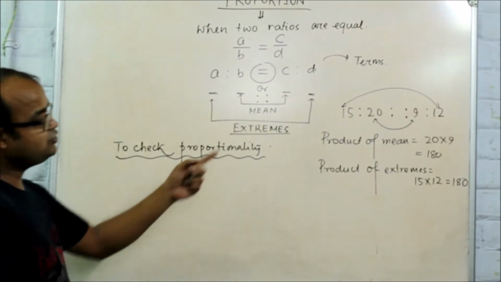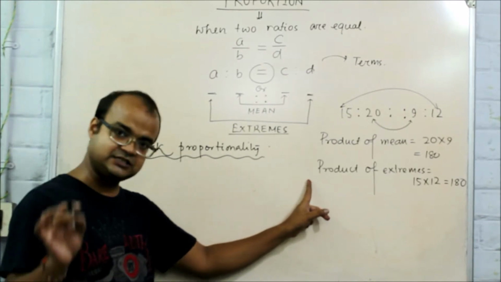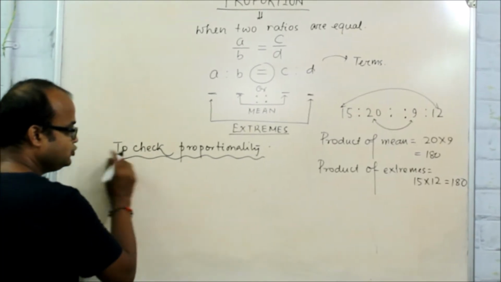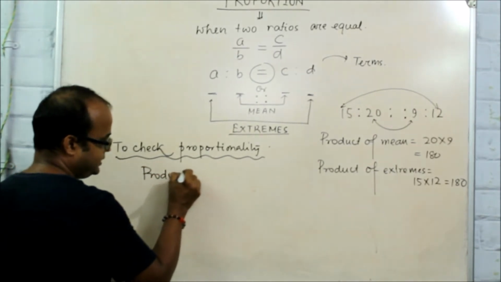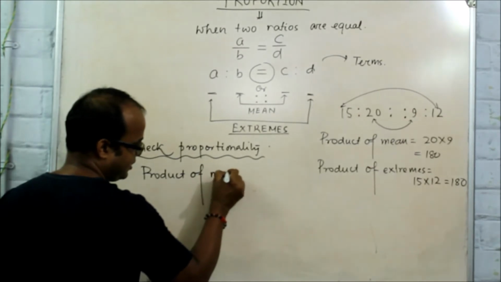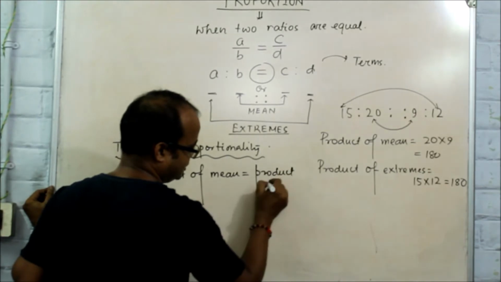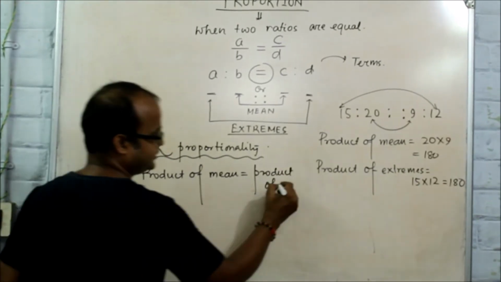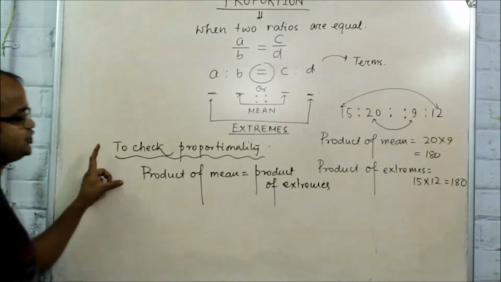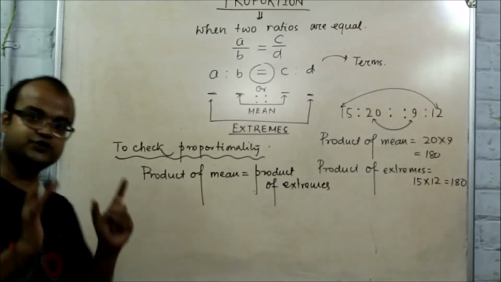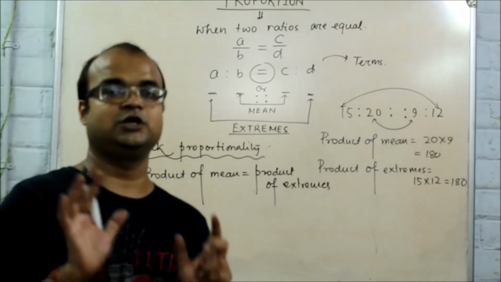So what you need to find is whether the product of means is equal to the product of extremes. If this relation holds, then we term the relations as proportional.